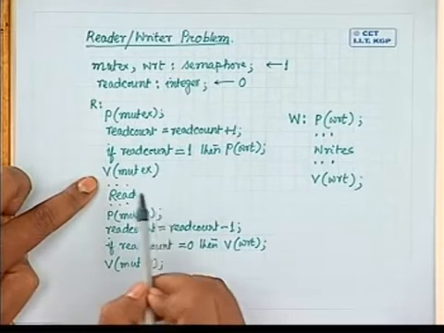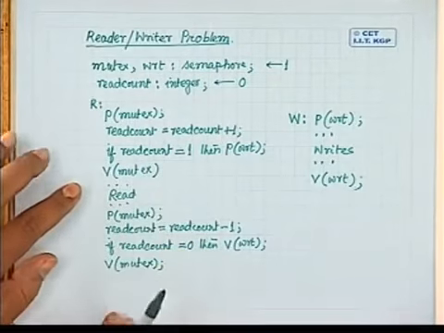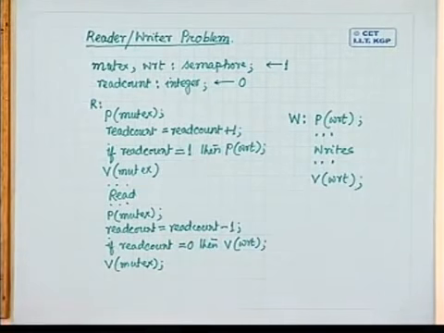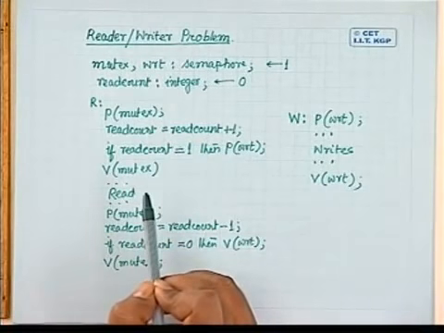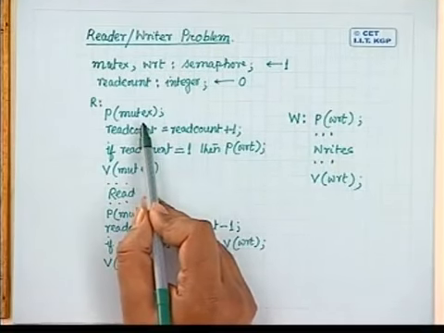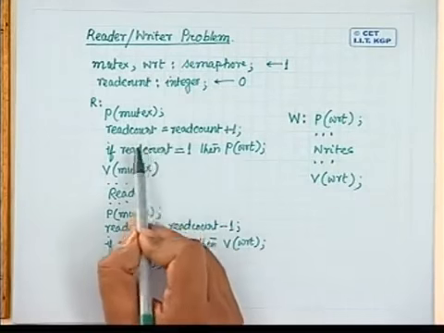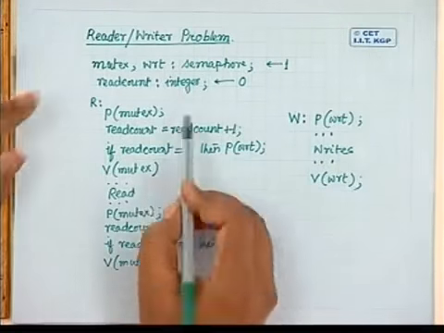Okay. Now, let us assume that initially there is no reader process or writer process trying to access the file. Okay. So, first time one reader process is trying to access the file. So, the reader process will perform this p mutex operation, assuming that p mutex is successful because no other process is willing to read the content of the file.